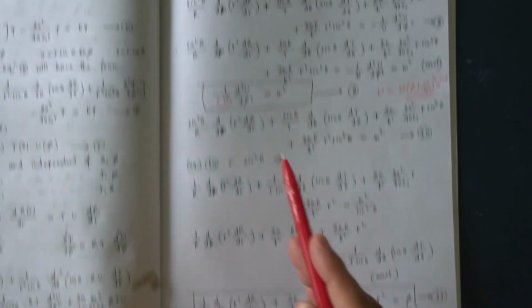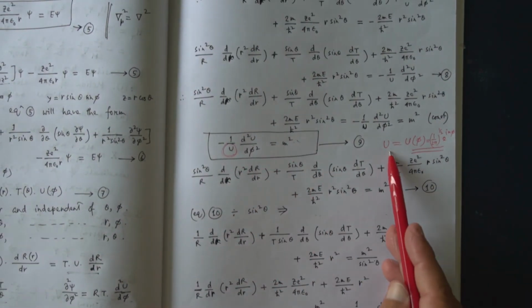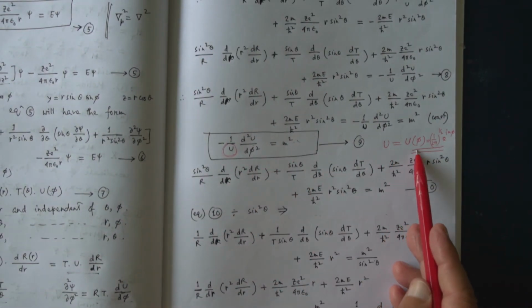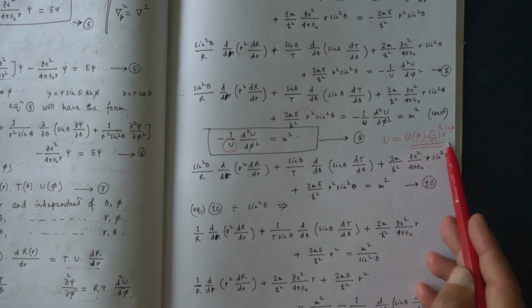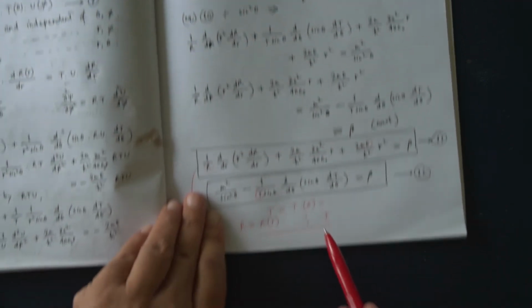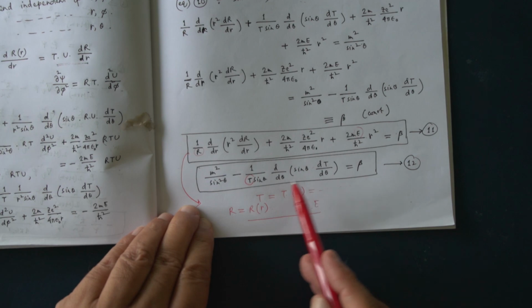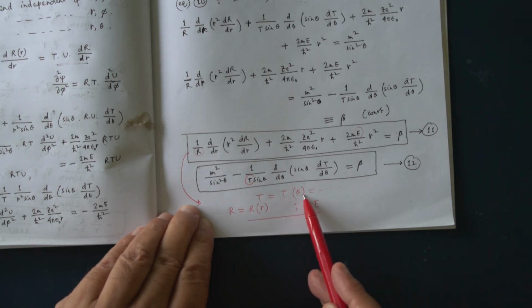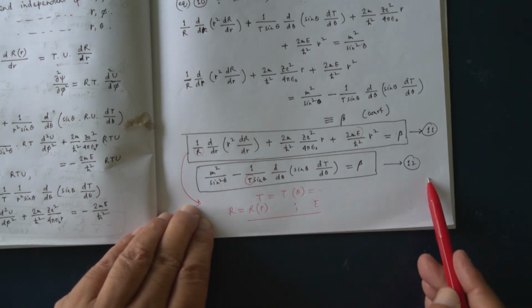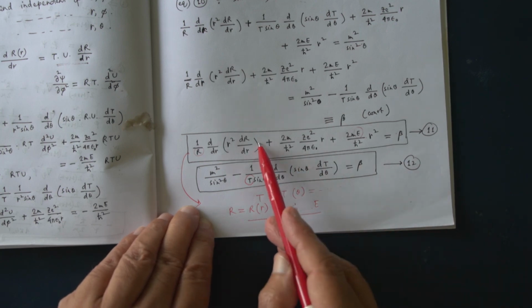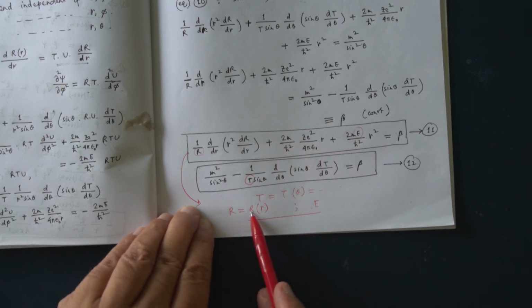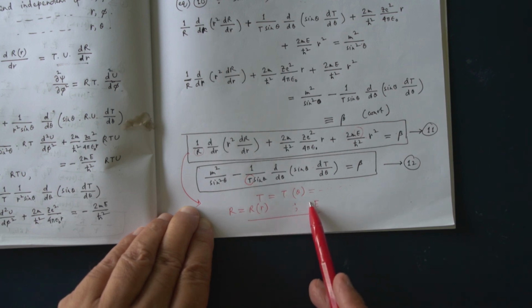You say that solving this equation, we get the value of the function u, that is u phi, and the value of u phi is this. Similarly, solving this equation, we get the function theta, and the value is this. Solving this equation, we get the function r, and the value is this.